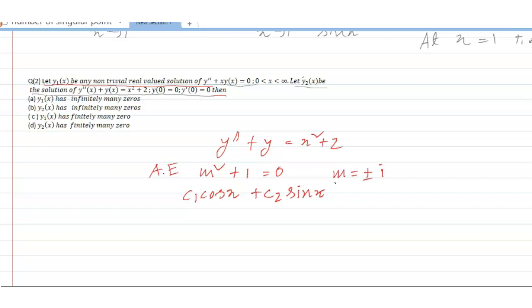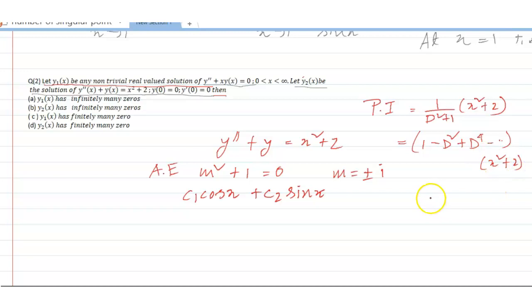And now I have to find the particular integral. PI equals to 1 by (D square plus 1) into x square plus 2, and this portion can be written this way: 1 minus D square plus D to the power 4 minus and so on, into x square plus 2.